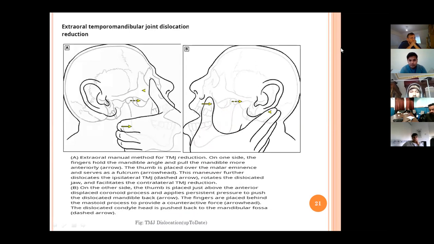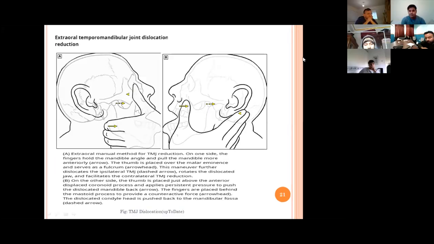And this is the extraoral technique for TMJ dislocation. In this method, usually this is done for unilateral joint dislocation.